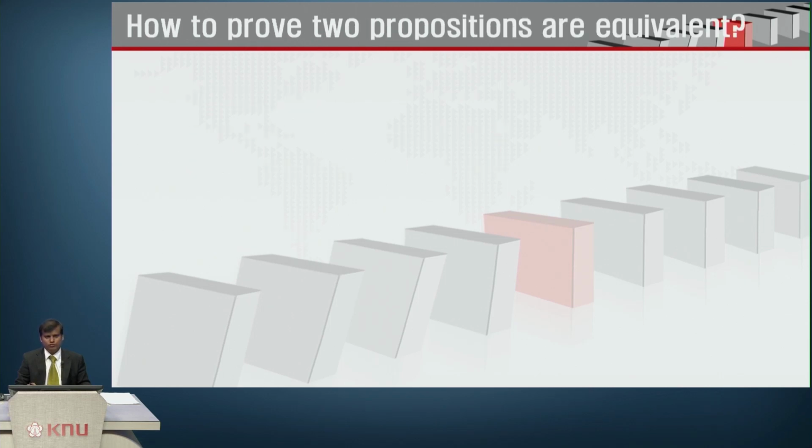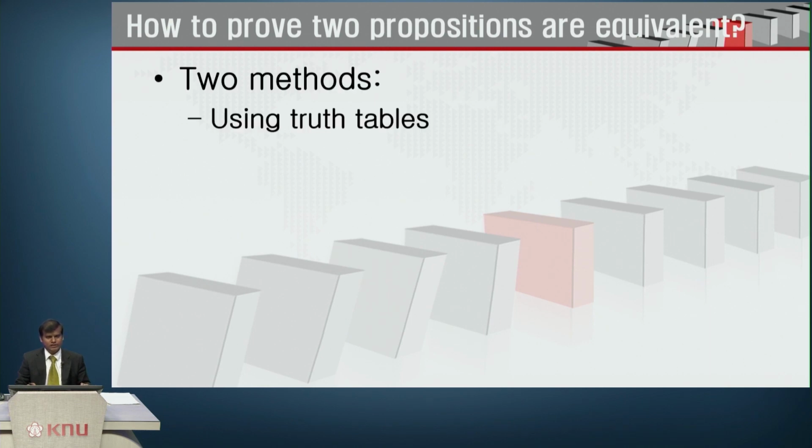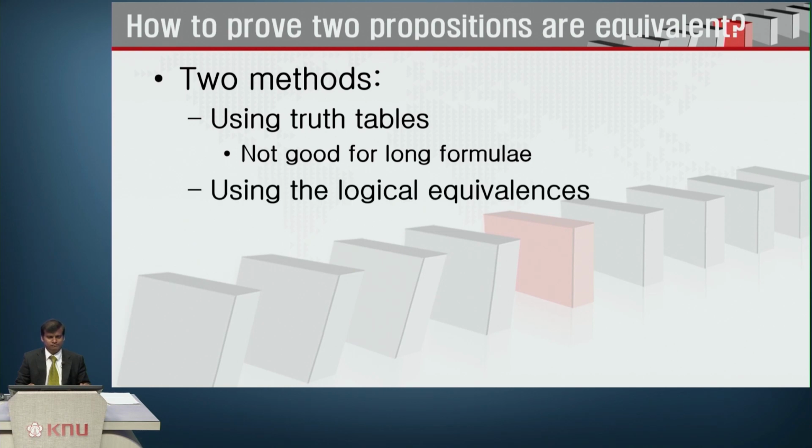So how do we prove two propositions are equivalent? There are two methods to prove it. One is using a truth table, but it's not good for very long formulas. It's too complicated and often we might come across certain mistakes. It's not easy to follow all the things in the table.